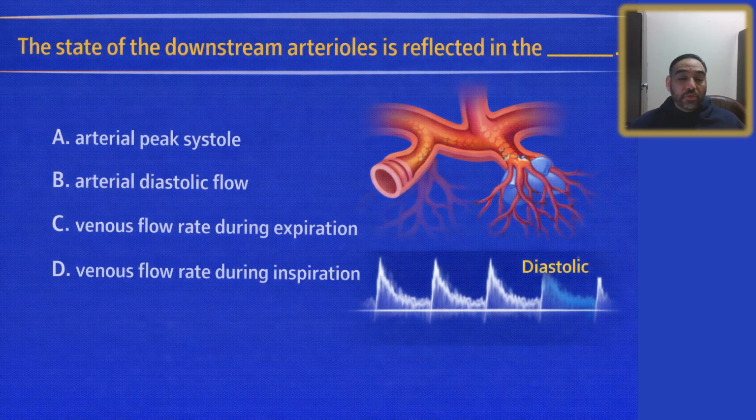And so mixing venous physiology with arterial resistance doesn't work. And the other answer that was incorrect was D, the venous flow rate during inspiration. And we have the same issue here. Venous flow varies with breathing due to pressure changes in the thorax and the abdomen. And this has nothing to do with the state of the downstream arterioles in the arterial system.